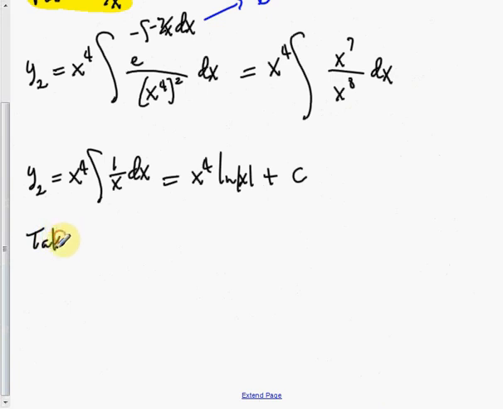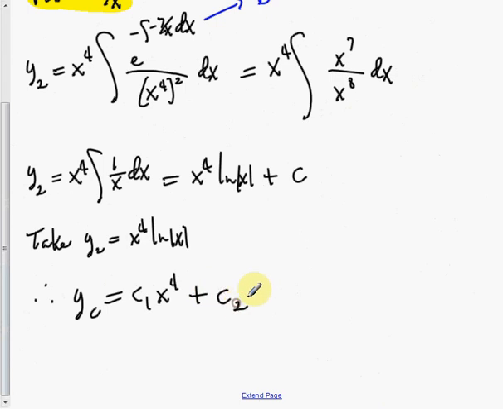So we take y sub 2 to be x to the 4th times the natural log of the absolute value of x, and we conclude that y sub c, the complementary solution, is c sub 1 times x to the 4th plus c sub 2 times x to the 4th times the natural log of the absolute value of x. Any questions?